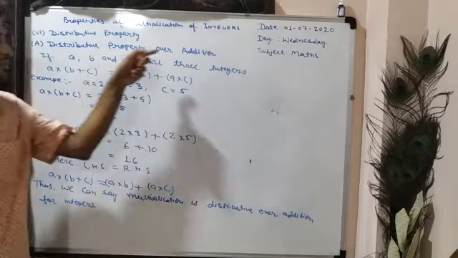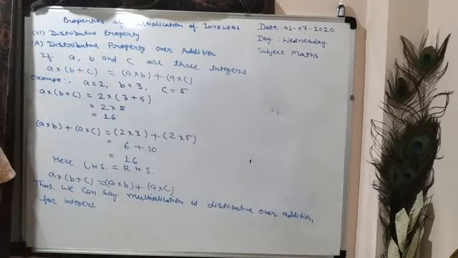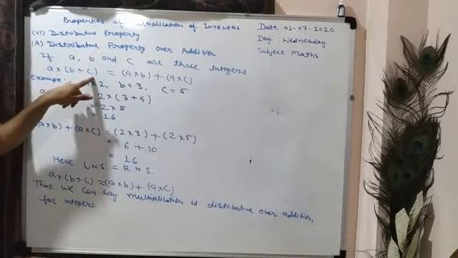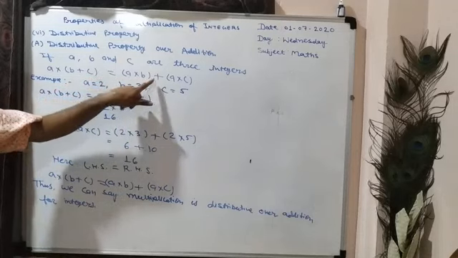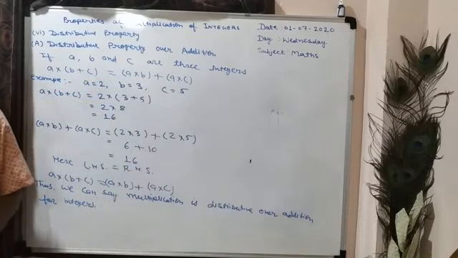This is the distributive property over addition. A into B plus C is equal to A into B plus A into C.